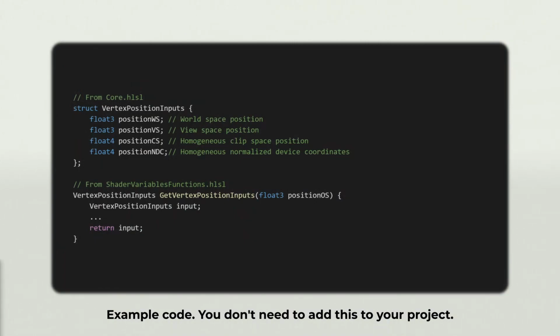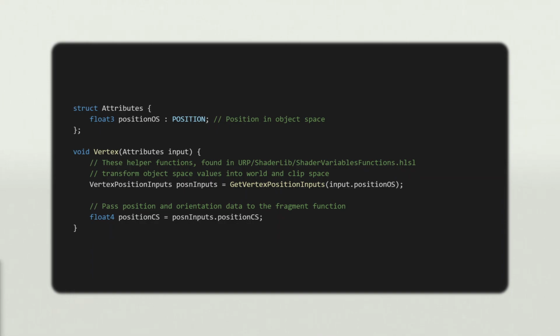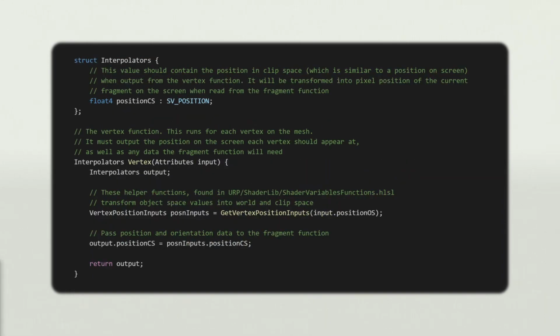Keeping track of which space a position is in can get tricky pretty fast. Standard URP code adds a suffix to all position variables indicating the space. OS denotes object space, CS clip space, etc. We should follow this pattern as well. Next, we must fulfill the vertex stage's job and output the clip space position for the input vertex.